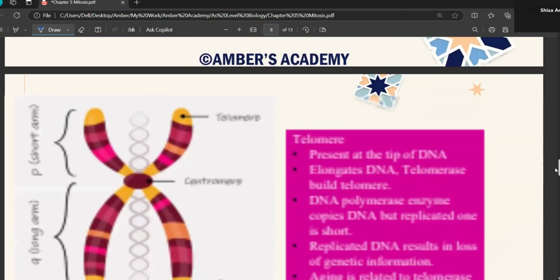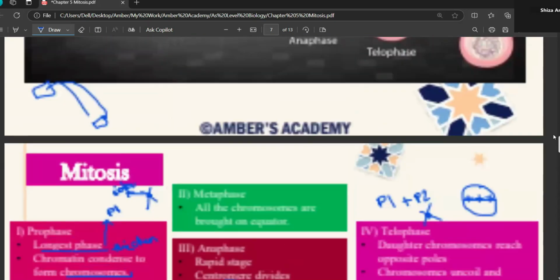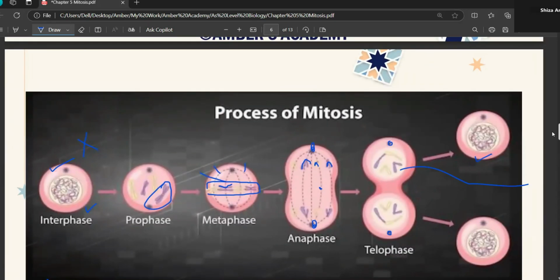Now the last stage of the cell cycle is cytokinesis. In cytokinesis, basically, you can see the cleavage of cytoplasm being formed.